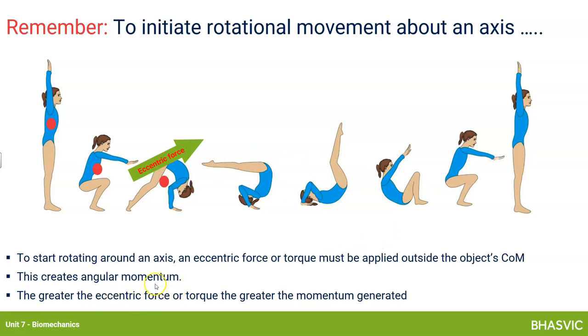Obviously, how much eccentric force you apply determines how much rotational motion you generate. This rotating force is actually called torque. So the amount of force applied to an object to make it rotate is called torque. The greater the torque, the greater the momentum.